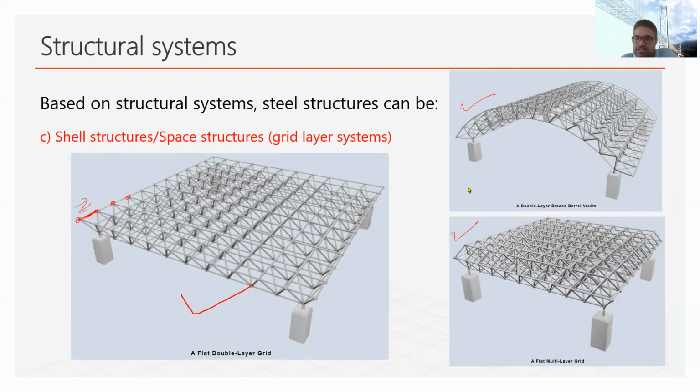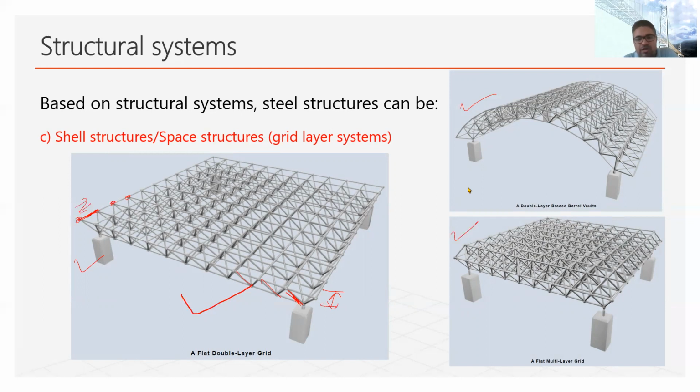Sometimes they are also considered as three-dimensional trusses. A double layer grid can be used up to a span of 300 feet. If we want to use this grid for more than 300 feet, the depth will increase, and all those members which are experiencing compression force will have their length increase, so the depth will increase.